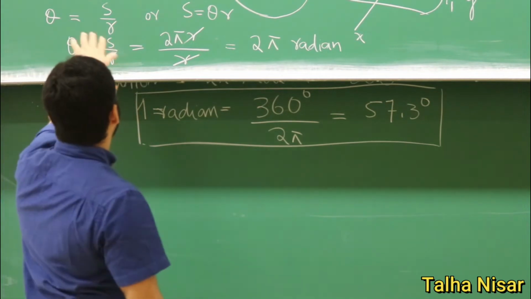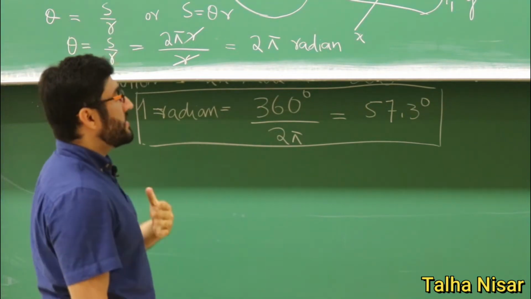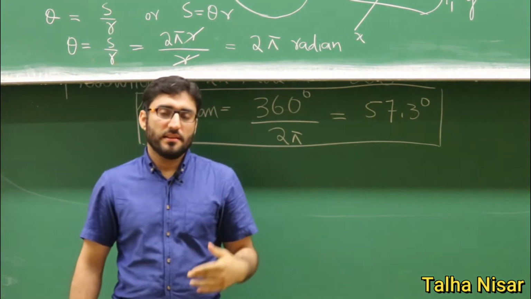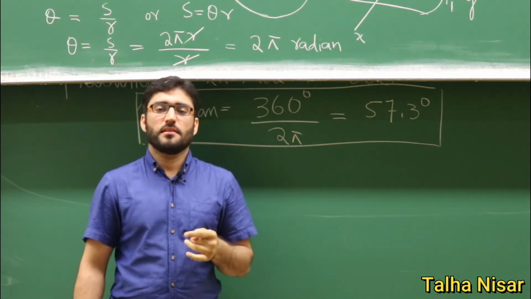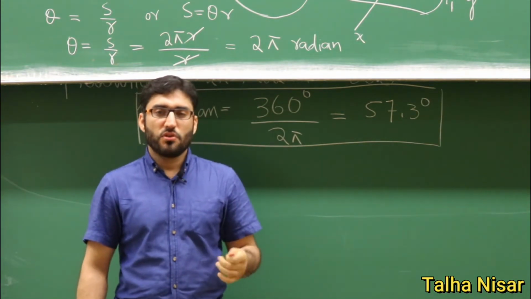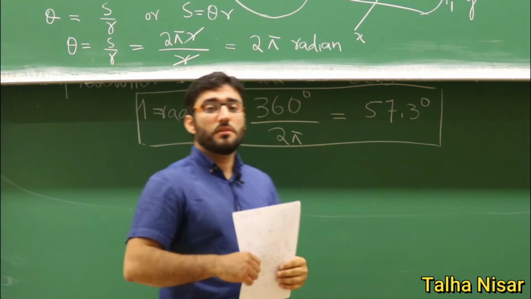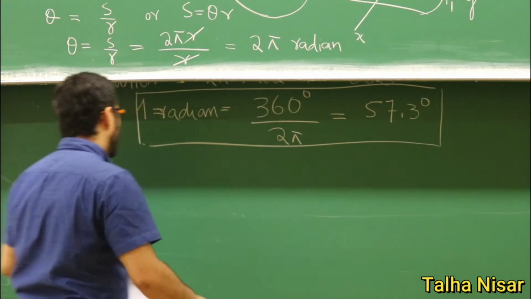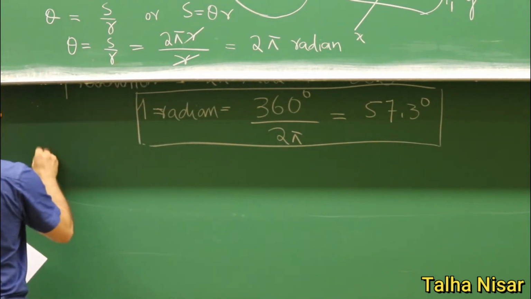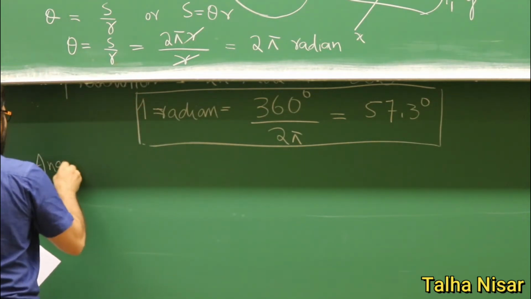We talked about the angular displacement, and similarly, when we talked about linear motion, we were also talking about the linear velocity, but here we will talk about the angular velocity.